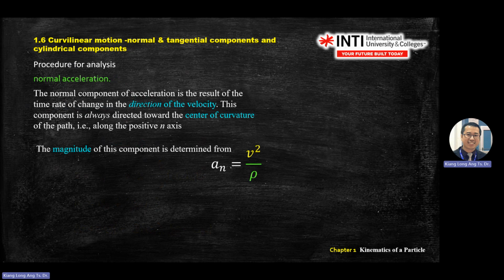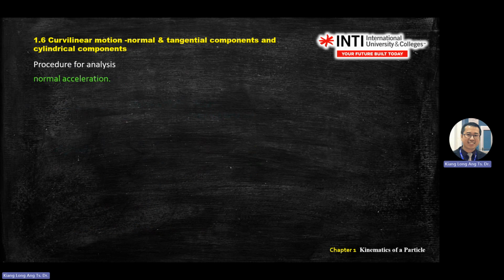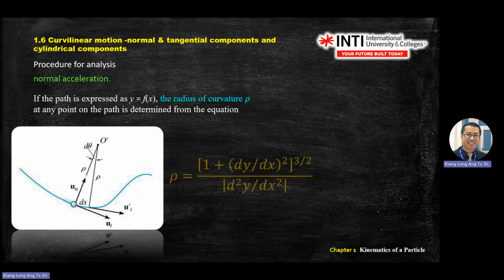Okay. This one already mentioned. This one, memorize, no choice. It won't be given. What is this rho? Rho is the radius of the curve. You need this equation to solve a_n equals v squared over rho.